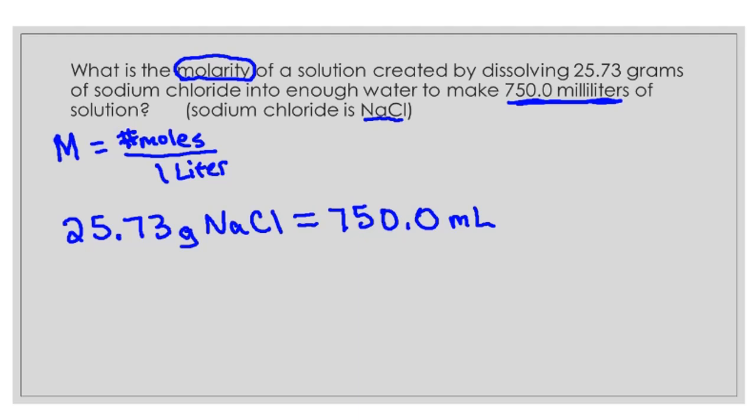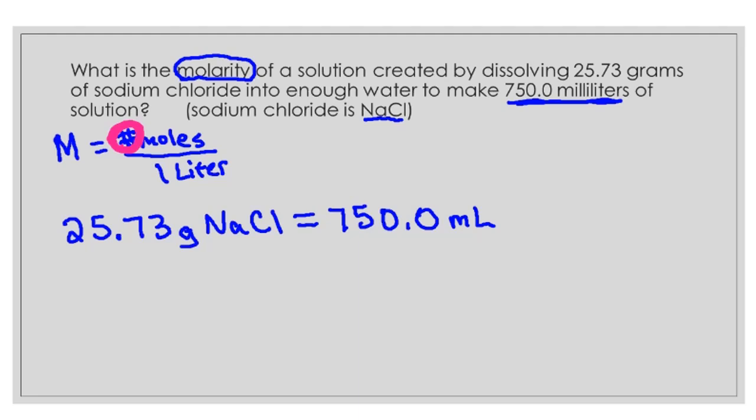So what it's asking is, what is this number? How many moles? What's the speed limit? How many miles per hour can you go down the highway? So how many moles in 1 liter if we have 25.73 grams of sodium chloride and 750 milliliters?